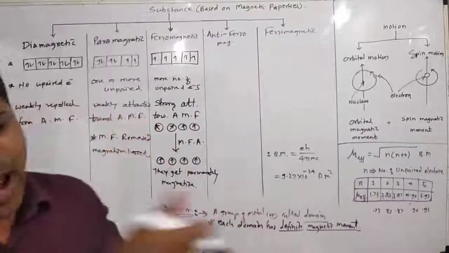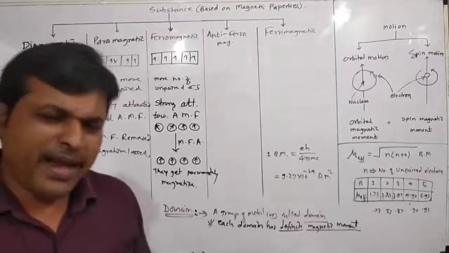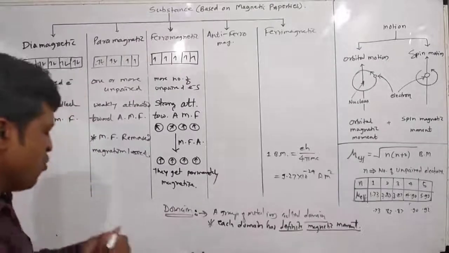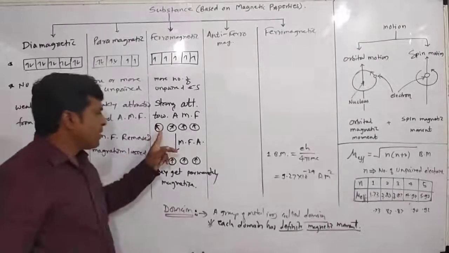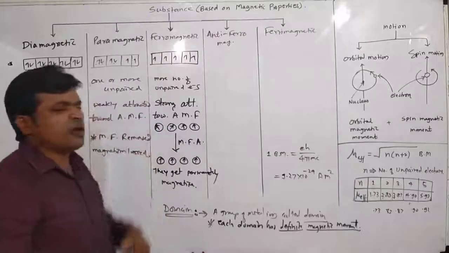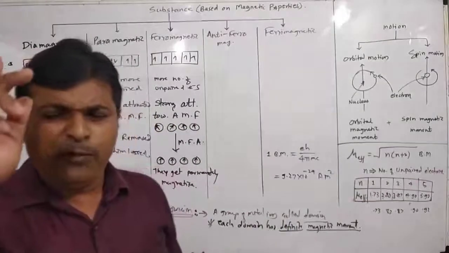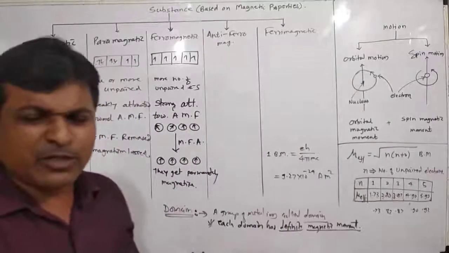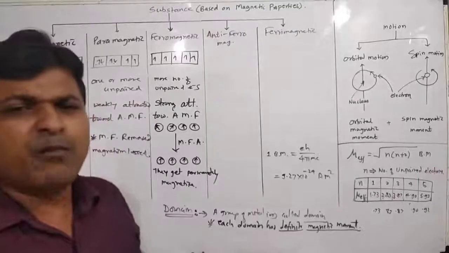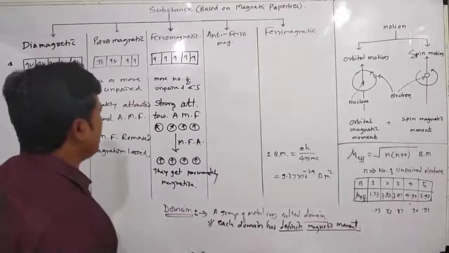Even if the magnetic field is removed, they remain in a magnetic condition. They possess magnetic moment. So once a magnetic field is applied, a ferromagnetic substance becomes a permanent magnet.